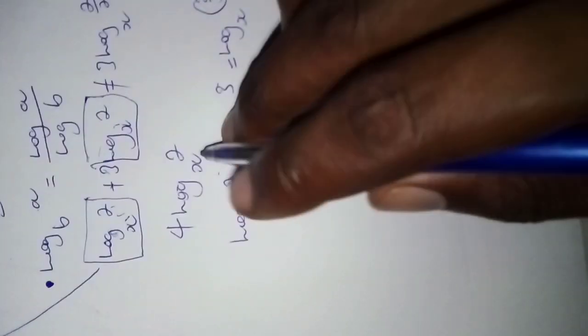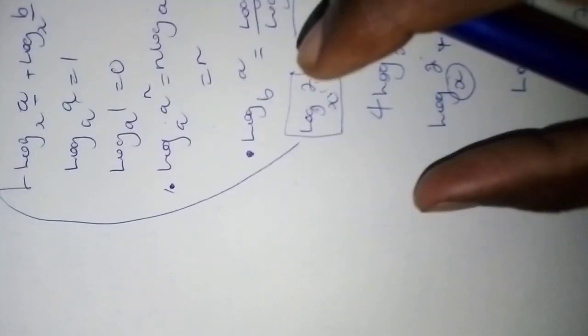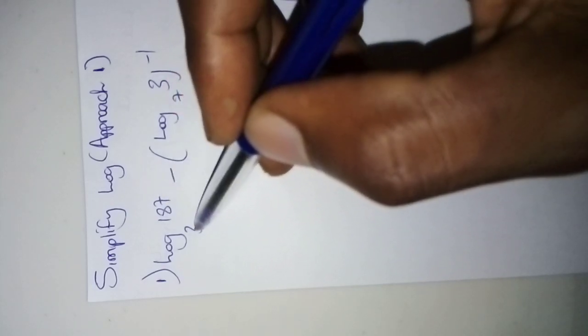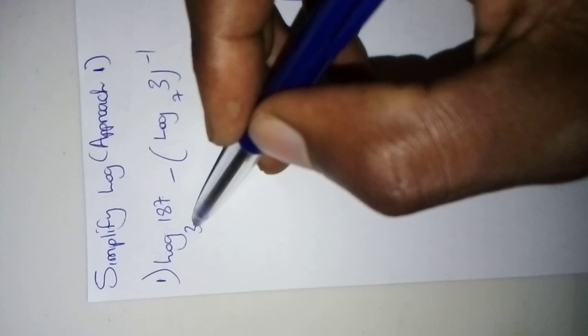Then it means that you must use this law. So this law is very crucial on this approach because we use it. So let's look at our question. Can this 187 be converted to its simplest prime factor, of which we will have a value approximately the same as this 3?